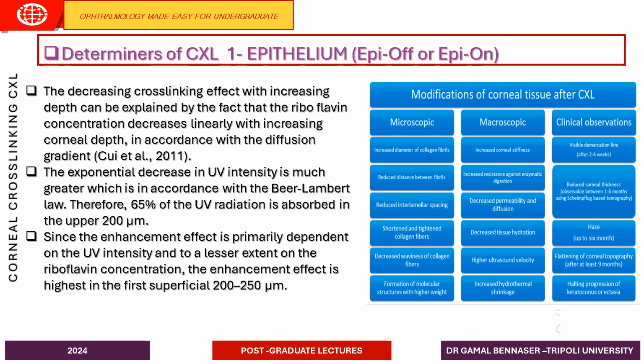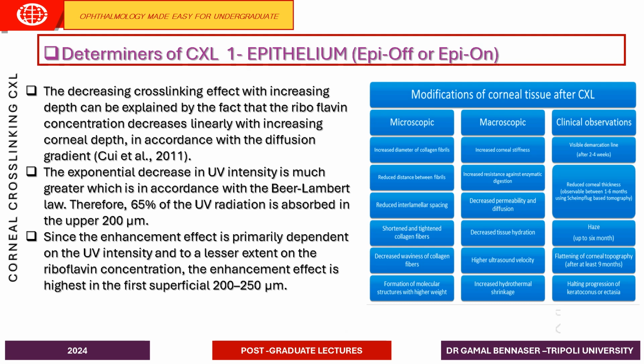So these are two important variables that determine the effectiveness of the cross-linking: epithelial on versus epithelial off, and the concentration of the riboflavin. There is also what's known as the demarcation line, which determines the interface between the treated area, where the photosensitization reaction is taking place in the anterior part of the stroma, and that which is spared in the posterior part of the stroma.